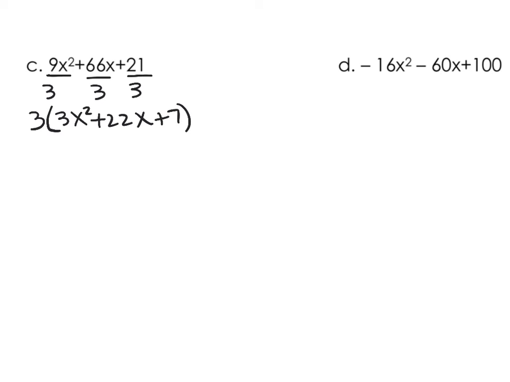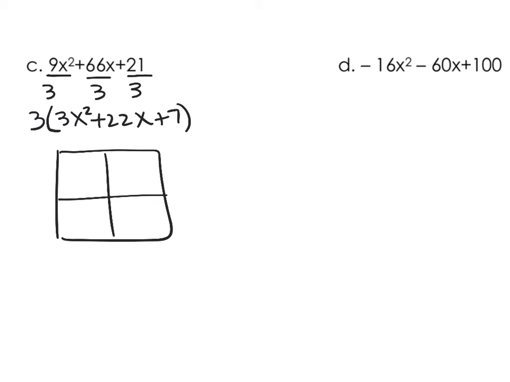That's super nice. That now we can see if we can go any further with the box method from the stuff in the parentheses. Okay, so let's see if we put our stuff in parentheses into this box.